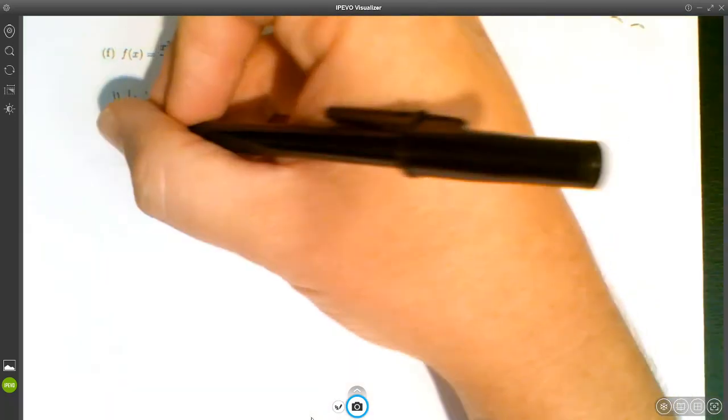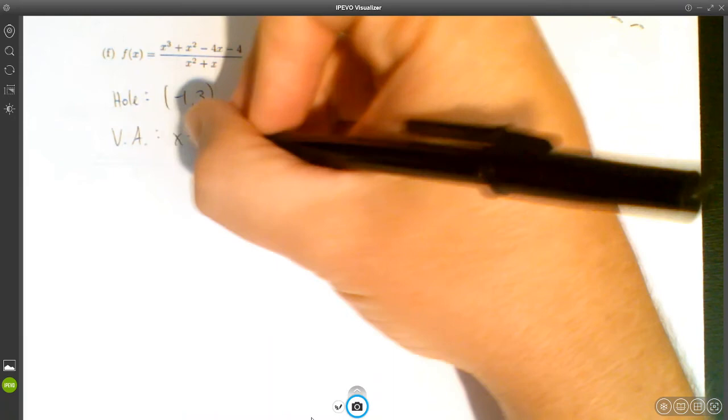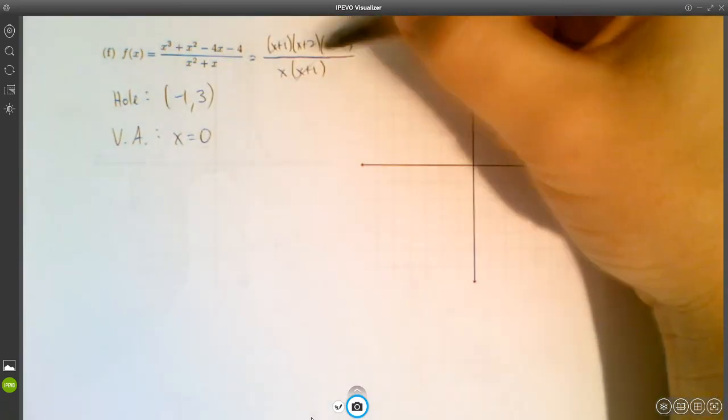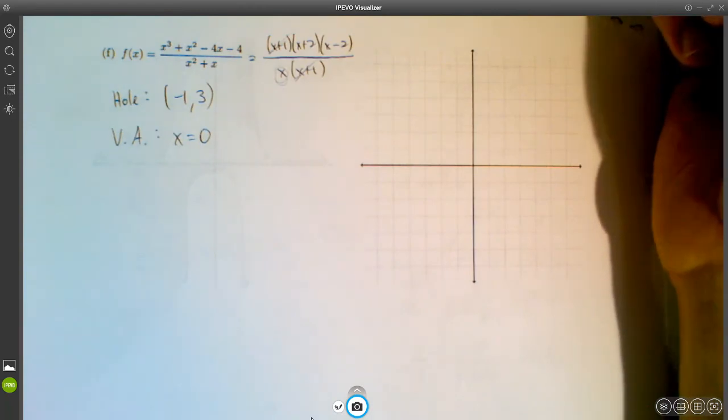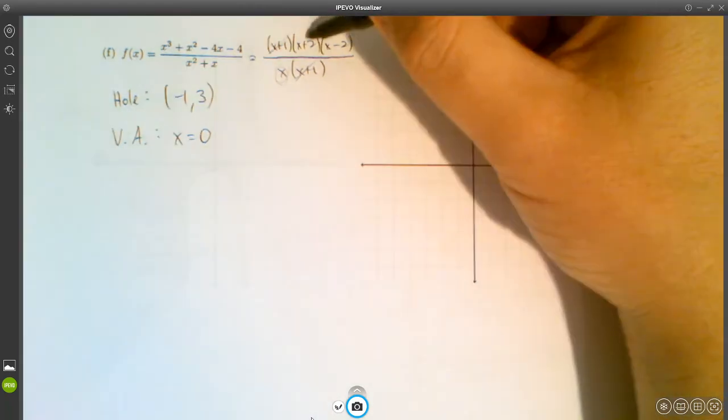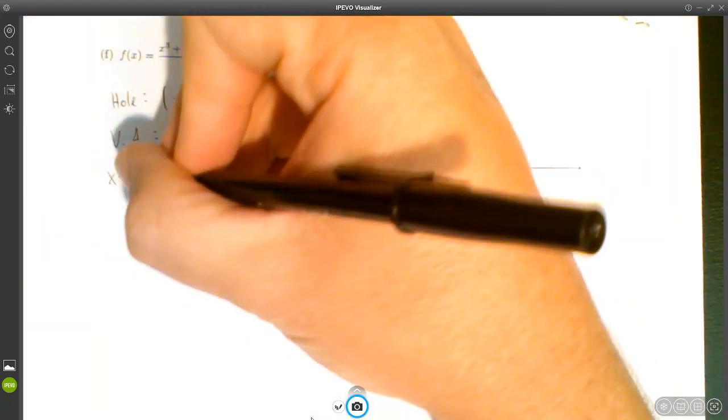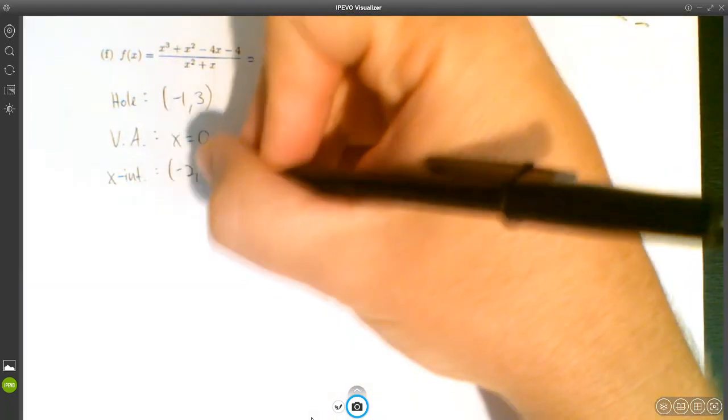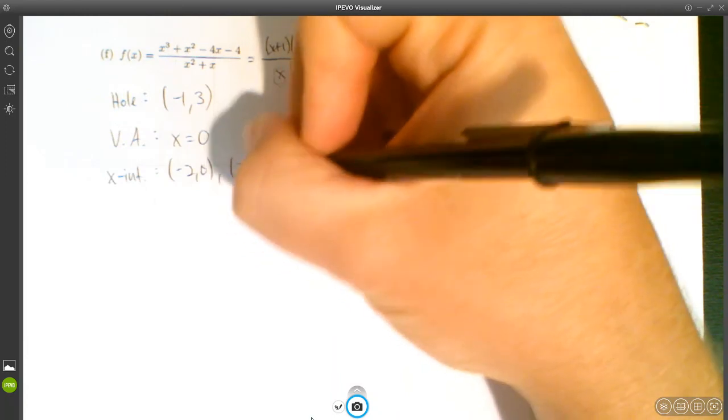We've got a vertical asymptote at x equals 0, right? Because that comes from this factor in the denominator. We've also got a couple of x-intercepts at (-2, 0) and at (2, 0).